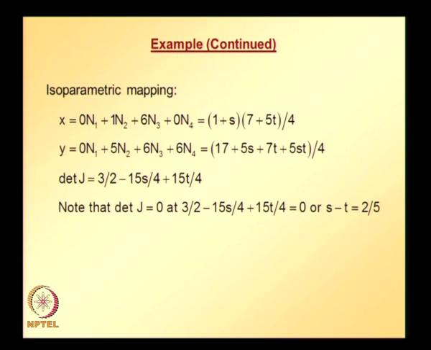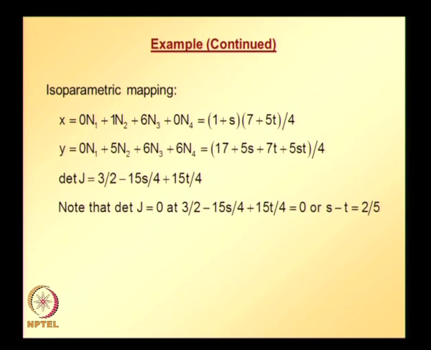And if you overlay this line, that is S minus T is equal to 2 over 5, on the parent element, you can easily see that this line is going to cut across the domain of the parent element, which is S from -1 to 1, T from -1 to 1.